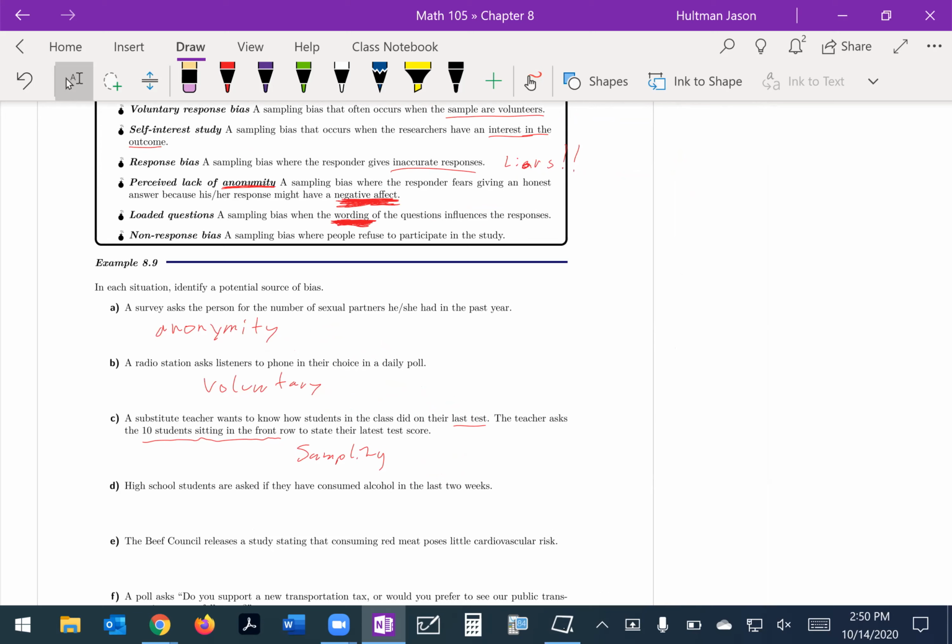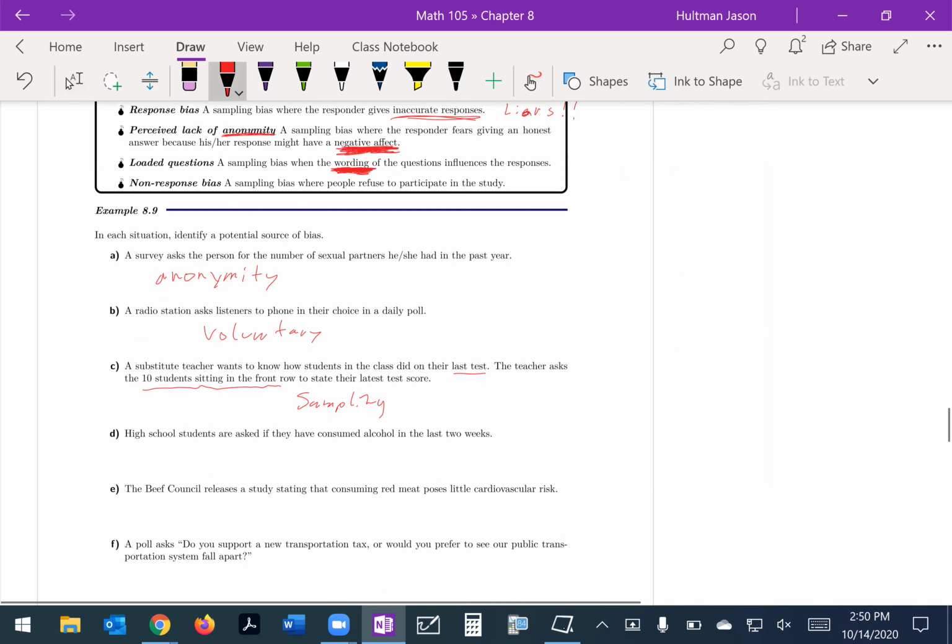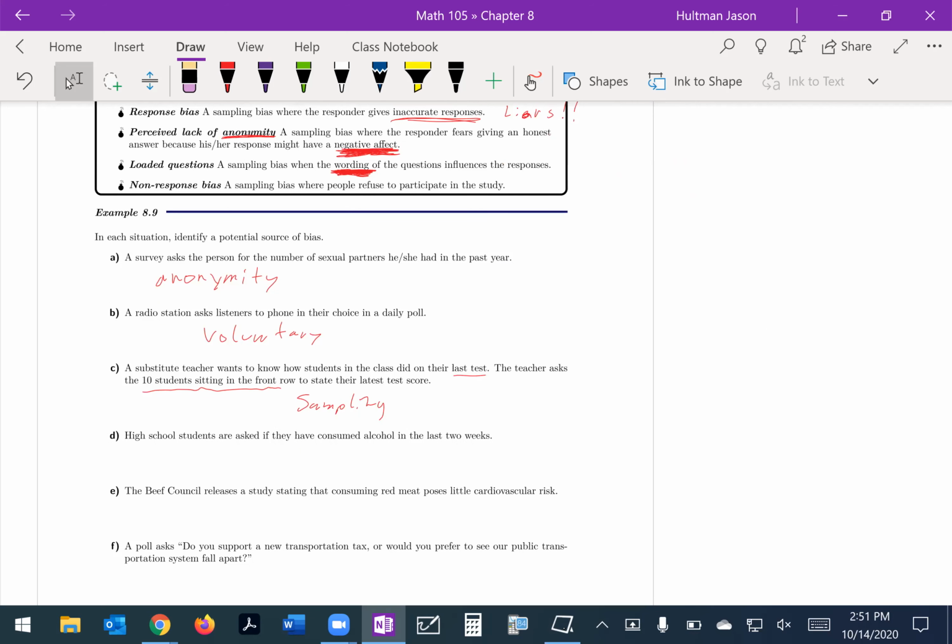Can we pick out the 3? Response. Caitlin says response. Absolutely. Look at response bias. It says a sampling bias where responders give inaccurate responses. Okay, they're liars, basically. High school students are liars. I don't know. Some of them aren't. So this is response.